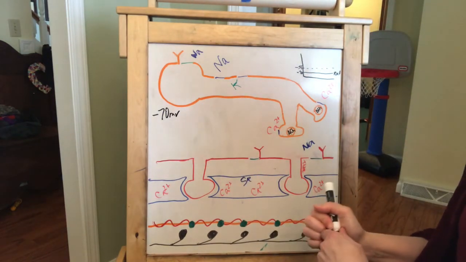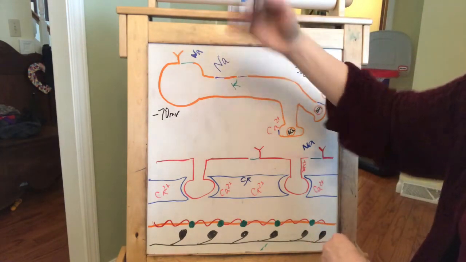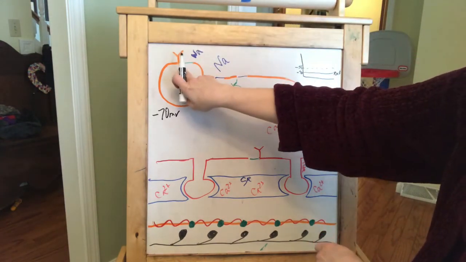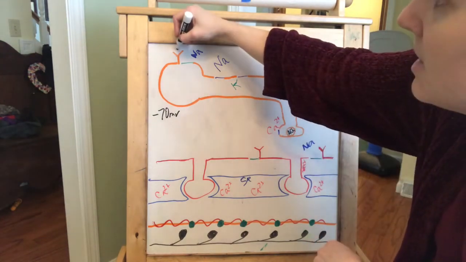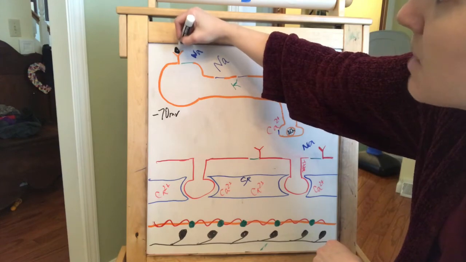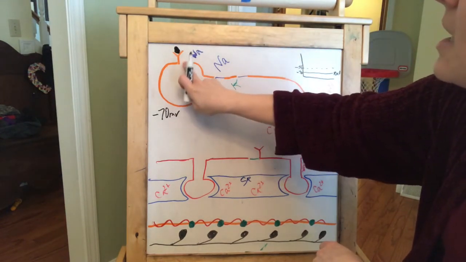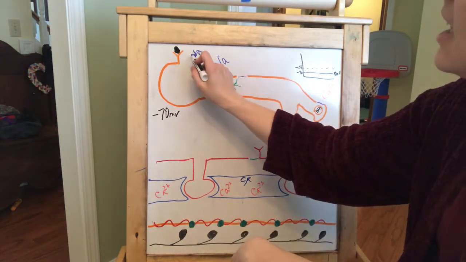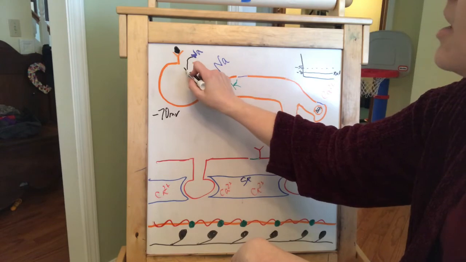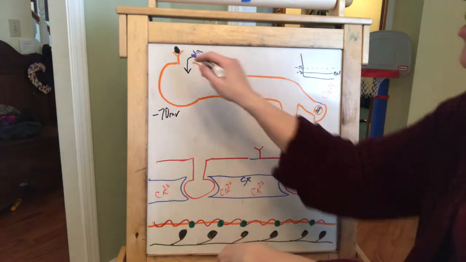So what happens to stimulate the neuron is we have some sort of stimulus. In this example, I have drawn in a chemically gated channel. So what's going to happen is a ligand is going to bind this chemically gated channel, and that's going to cause opening of this channel, and that's going to allow, in this instance, sodium to flow into the cell body.